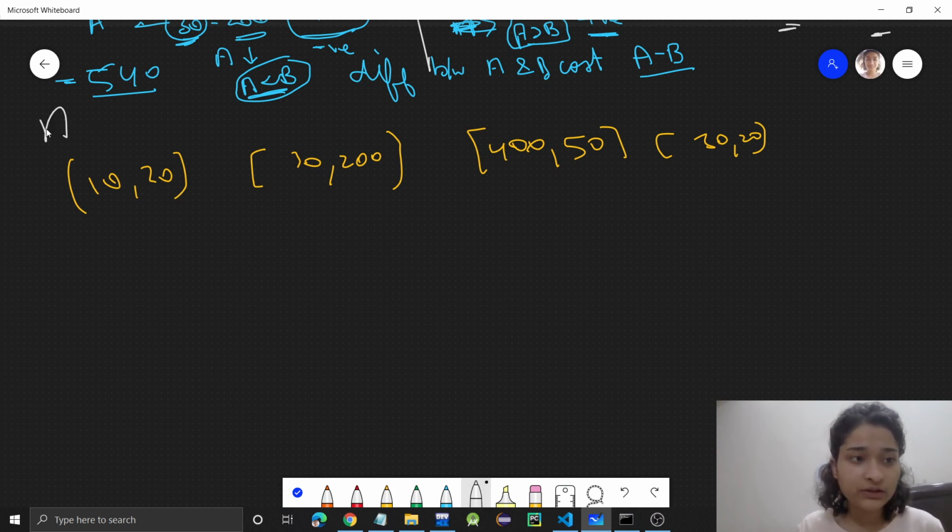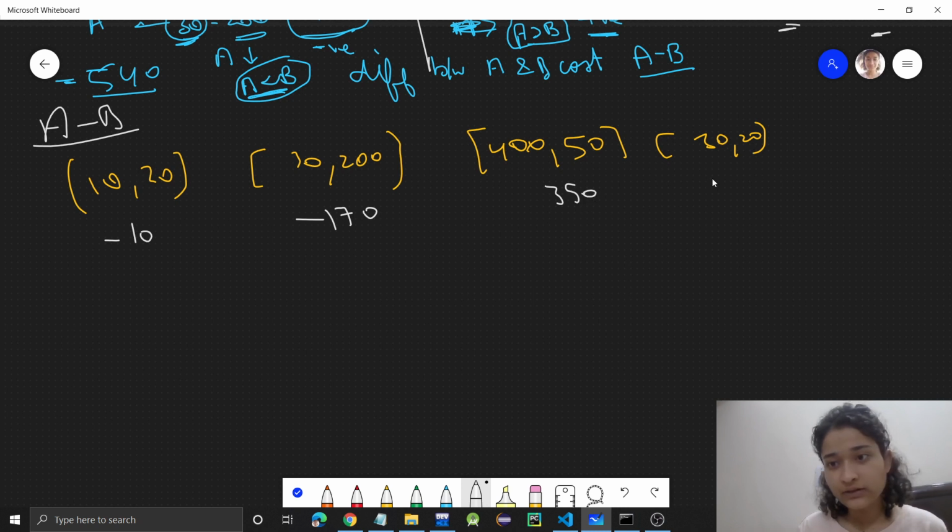I will find out the A minus B cost difference. 10 minus 20 is minus 10. 30 minus 200 is minus 170. 400 minus 50 is 350. And 30 minus 10 is 20. Okay. Now I will arrange these costs basically on the basis of this difference.